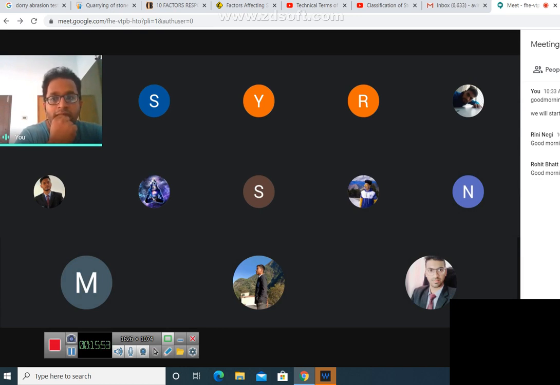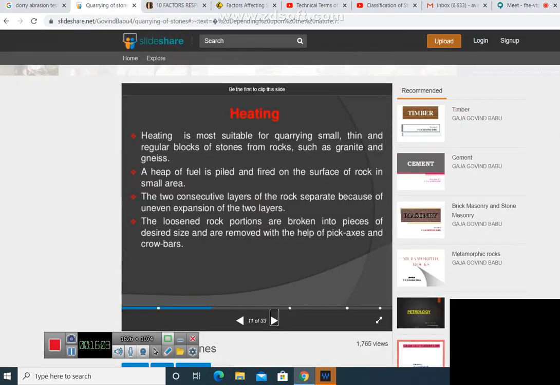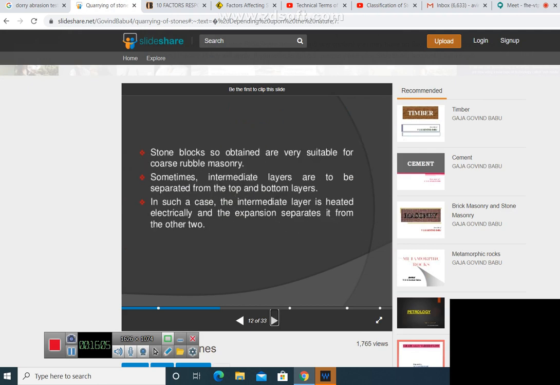Due to the heating of the surface, there will be splitting up of the rock. Once the splitting is happening, you will obtain different small-sized rocks. That operation is known as the heating operation. The stone blocks obtained due to heating are very suitable for coarse rubble masonry. We will be discussing stone masonry.